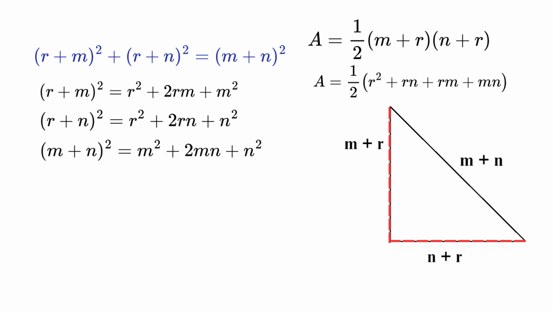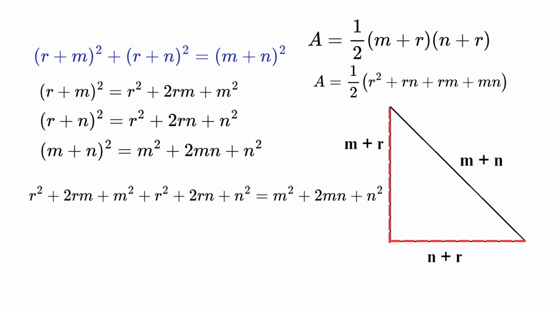m plus n whole square equals m square plus 2mn plus n square. Now, by combining the terms, we obtain r square plus 2mr plus m square plus r square plus 2nr plus n square equals m square plus 2mn plus n square. Notice that m square and n square cancel out from both sides, leaving us with 2r square plus 2mr plus 2nr equals 2mn.